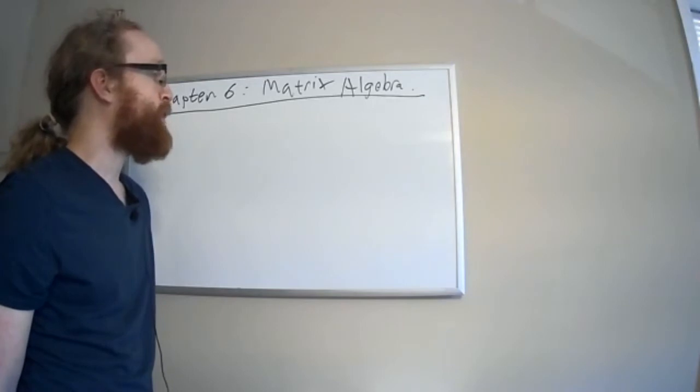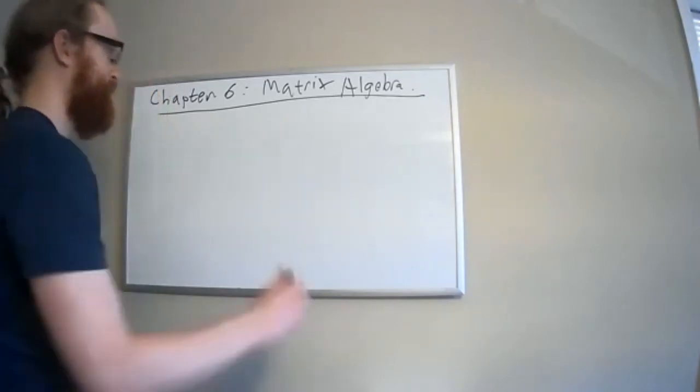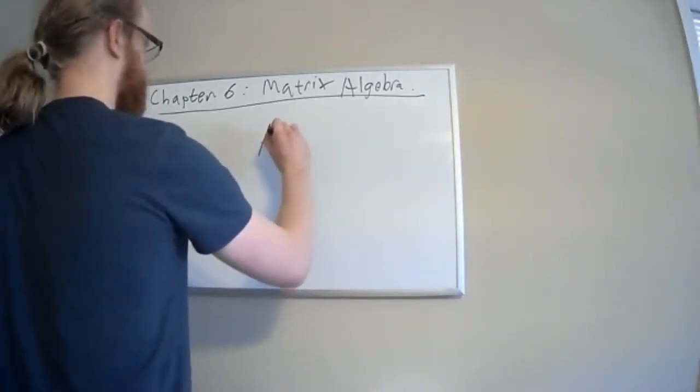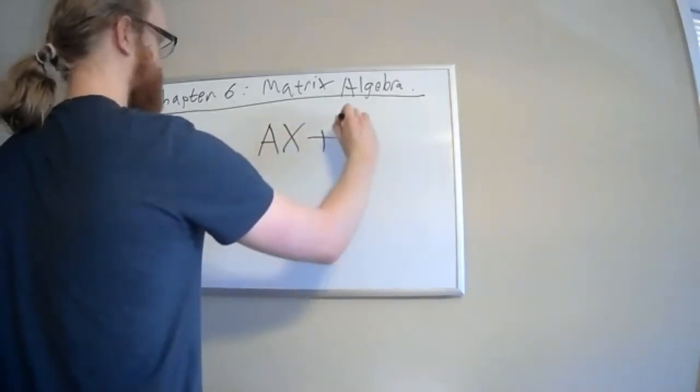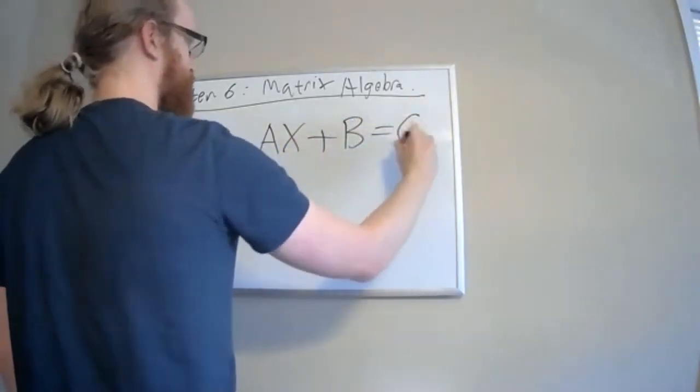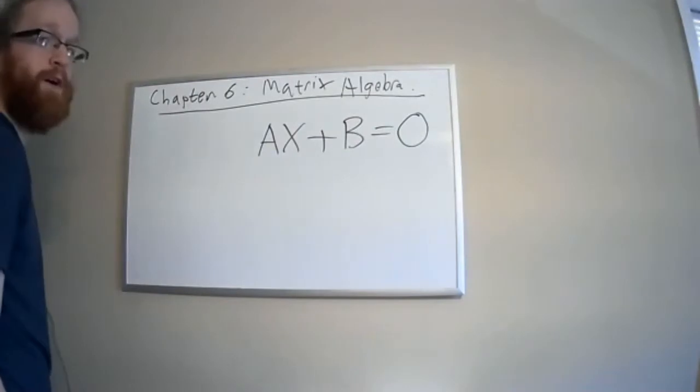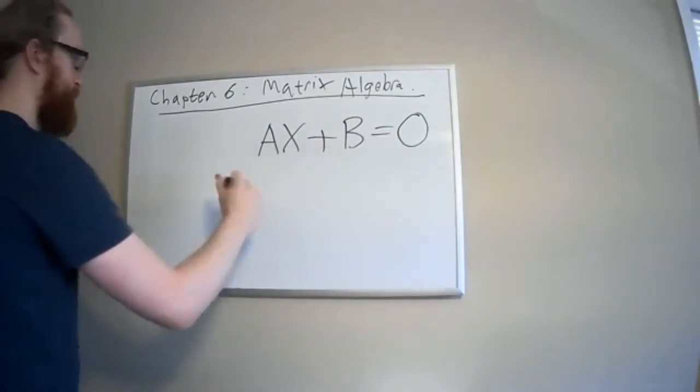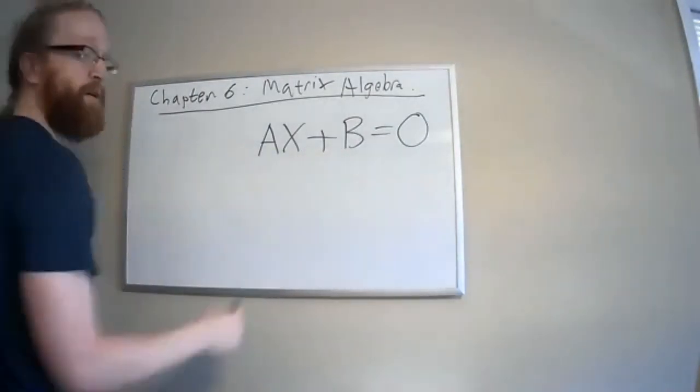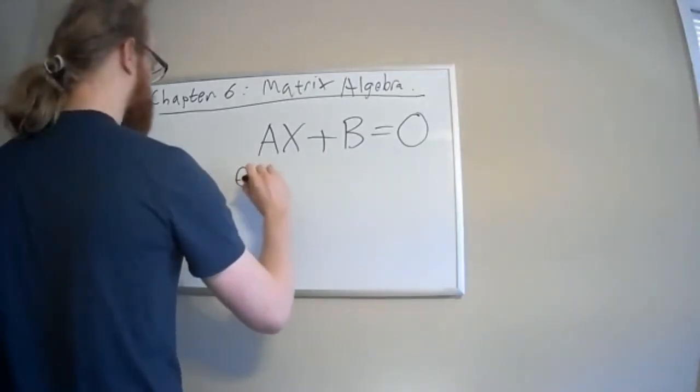And in the end, we're going to end up solving equations like this. Maybe. I don't know. Here's an equation where now everything in this equation is not a number, but is a matrix. Everything is a matrix.